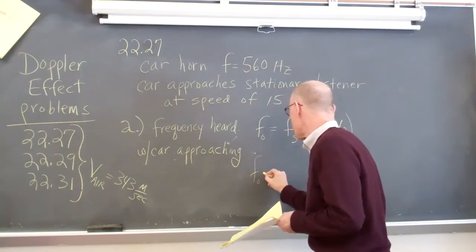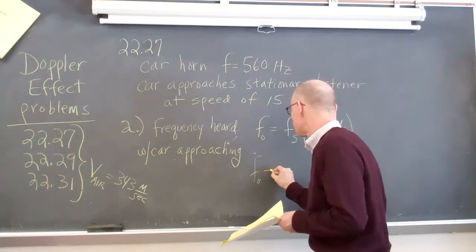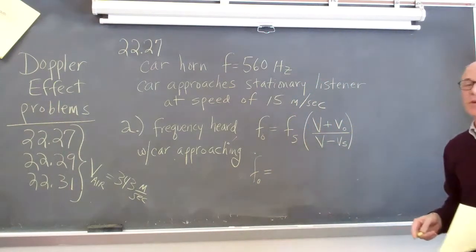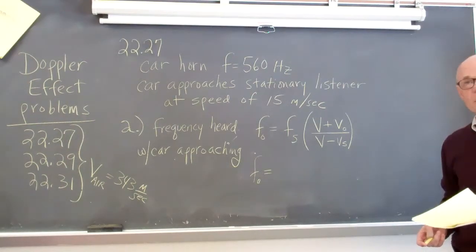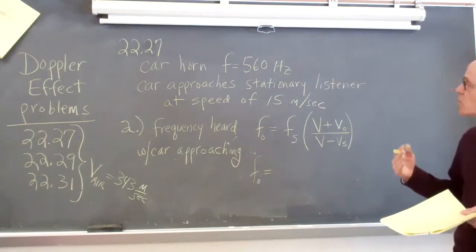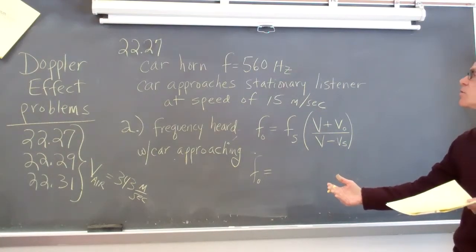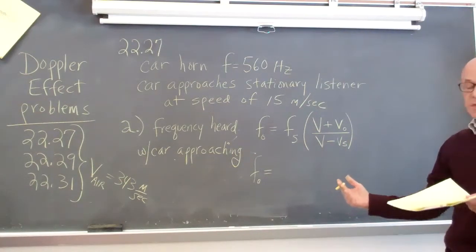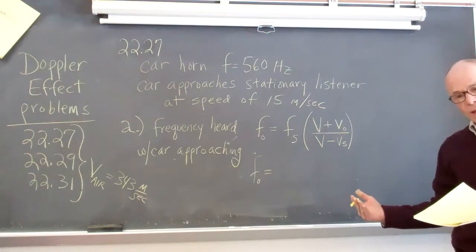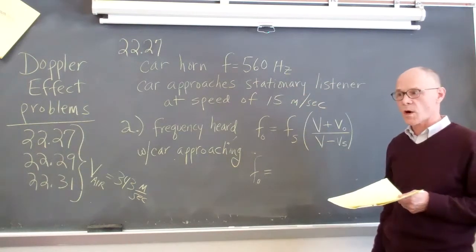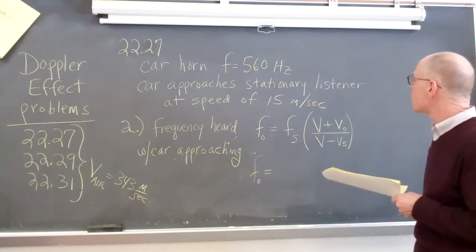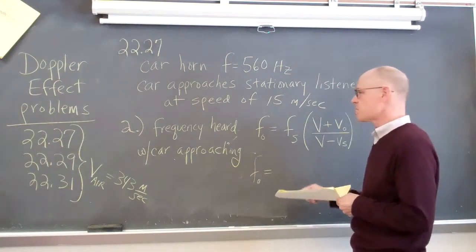Before you do this, you can already guess what a reasonable answer might be. As the car is approaching, should the frequency heard by the observer be higher than the 560 hertz or lower? It should be higher. Let's see how it turns out.